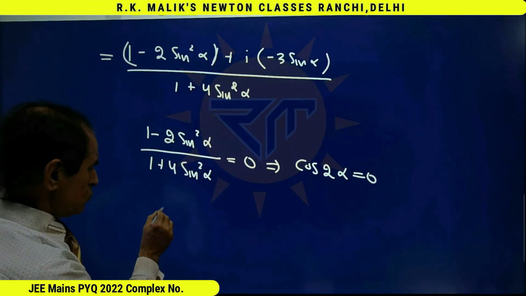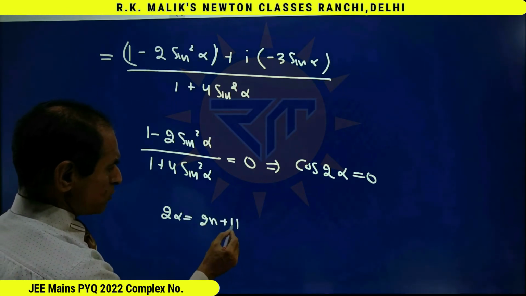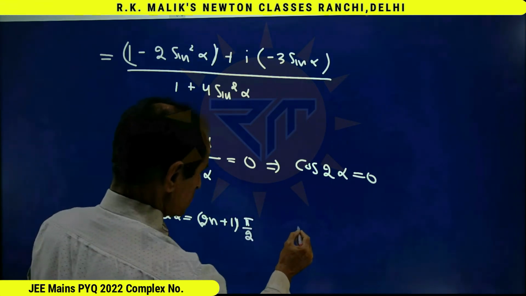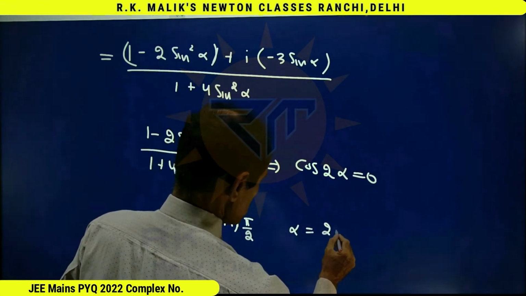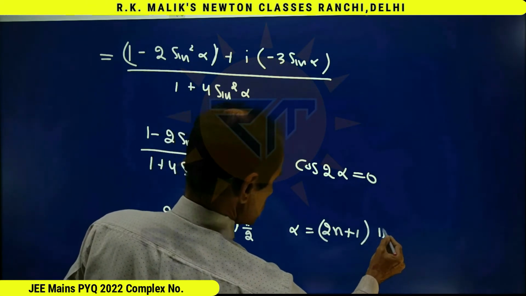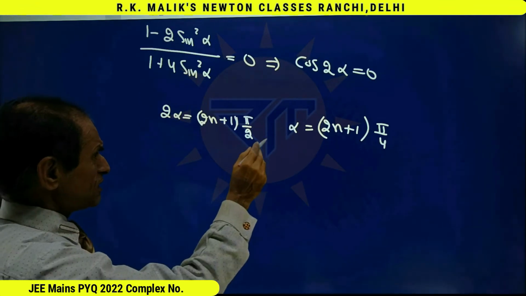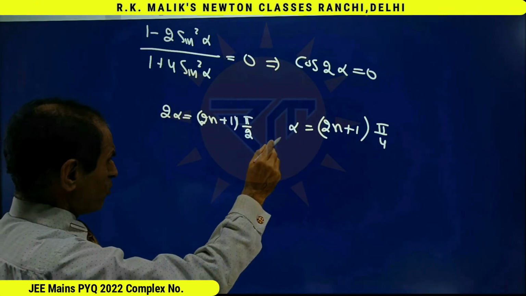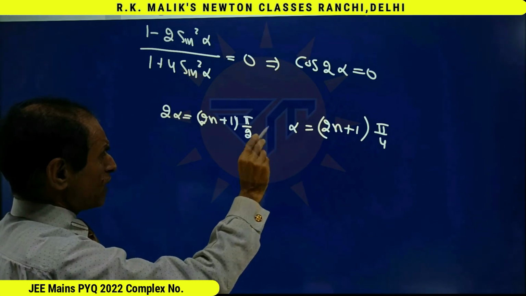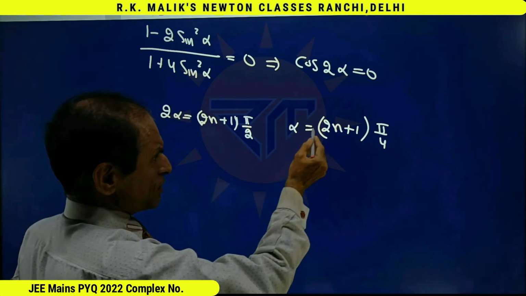And 2 alpha is equal to (2n plus 1) pi by 2. That is, alpha is (2n plus 1) into pi by 4, where n is any integer, but only that value of n will be taken for which the value of alpha lies in the interval pi to 2 pi.